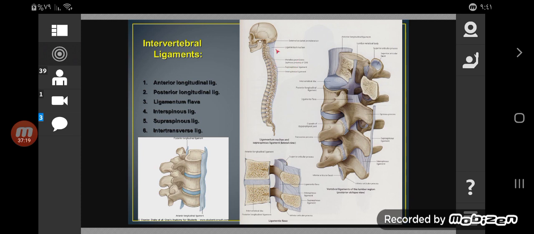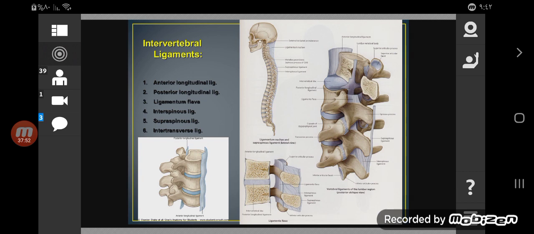This ligament is formed by the fusion of the supraspinous ligament and interspinous ligament in the cervical region, in the cervical vertebrae. All ligaments fuse together, and we've got a ligamentum nuchae.